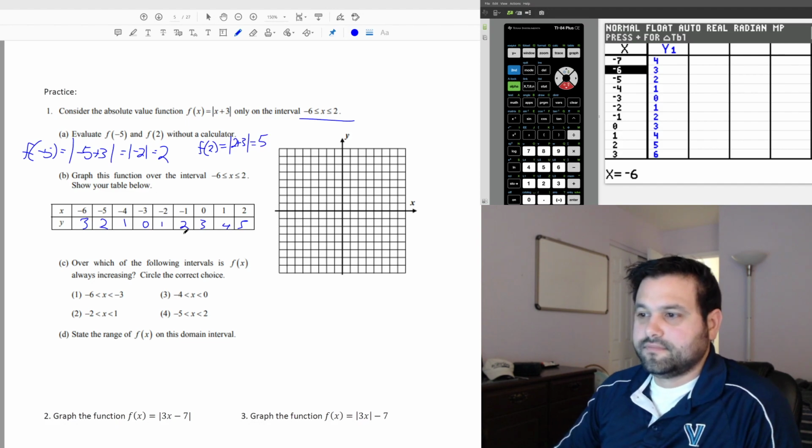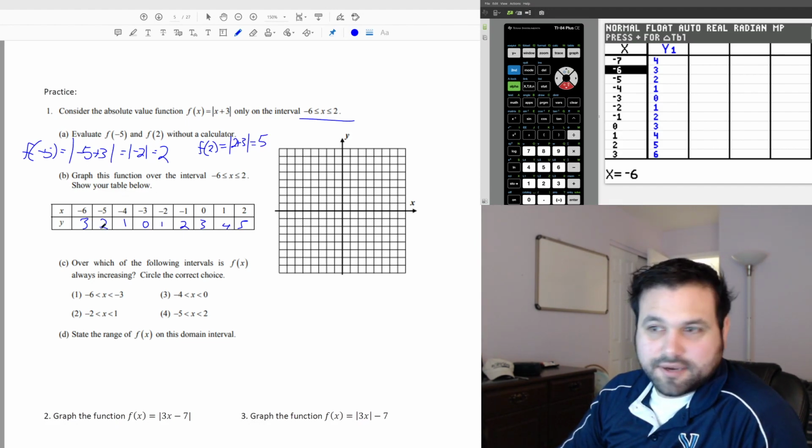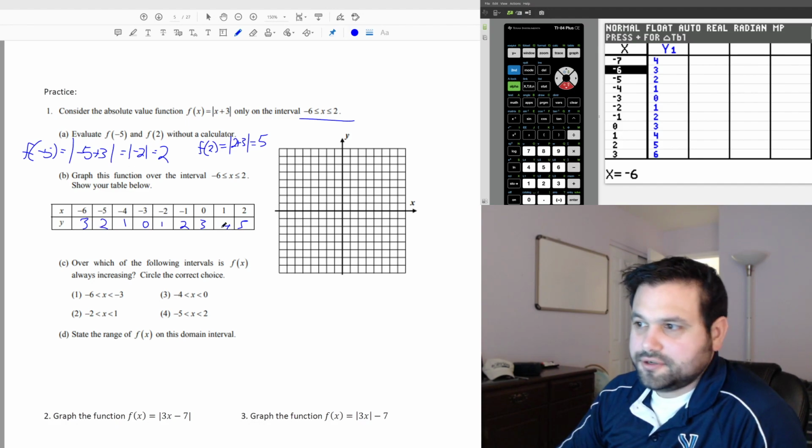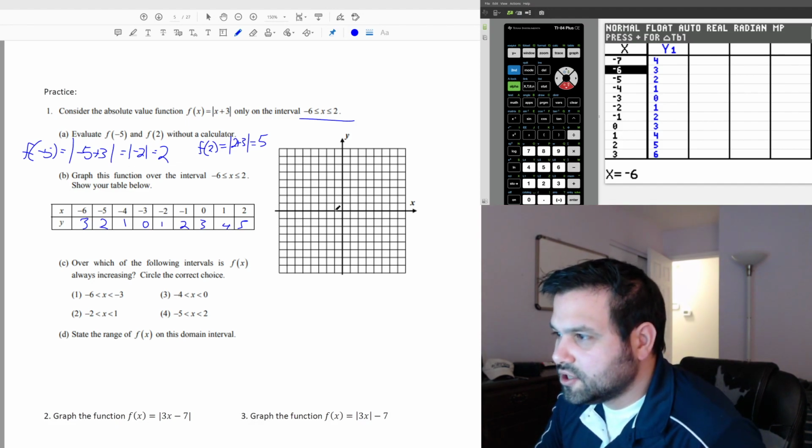Okay. Now we can double check on the calculator and see that those are indeed the points that we just got, right? Negative 5, comma 2, and 2, comma 5. And now we can go ahead and plot all of these. Let's see. I'm going to go to negative 6 and positive 3. And then negative 5, 2. Negative 4, 1. Negative 3, 0.